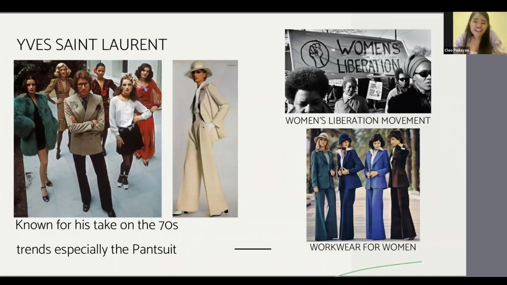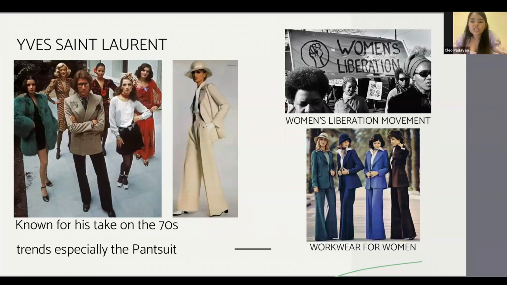So again, French. And he was known for his take on the 70s dress, especially the pantsuit. The pantsuit was so prominent during this time because for the first time, women were considering a career. They were not just married off, they wanted a career for themselves.